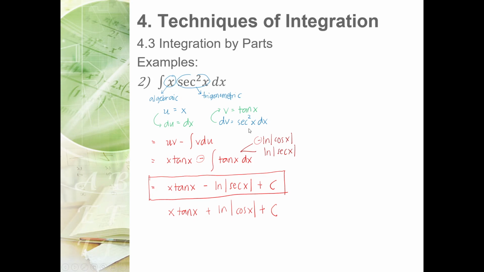So if you reverse the dv and the u, it will be more difficult. Let's say your u is secant squared x. Getting the derivative would be difficult, diba?